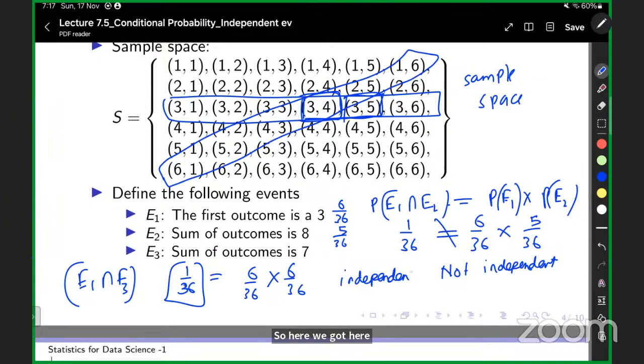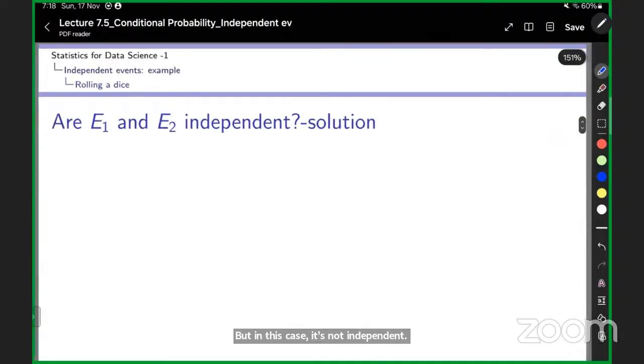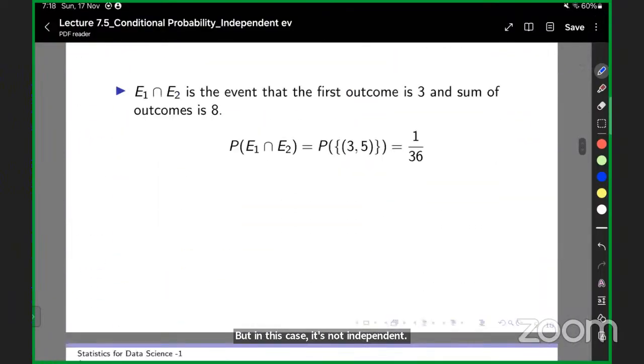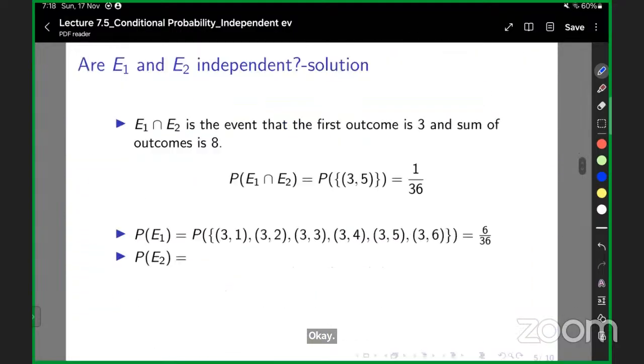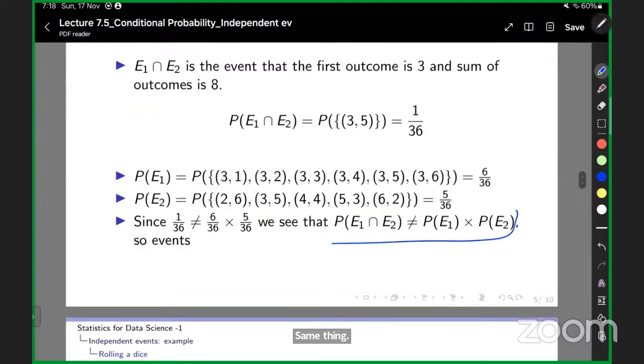Understood. Independent. So from this we can see that the same question was there, sum of outcome is 8. Here sum of outcome is 7. But since now both sides are equal, we say that they are independent. But in the other case it's not independent, right? Same thing, we did the multiplication and they are not equal, right?